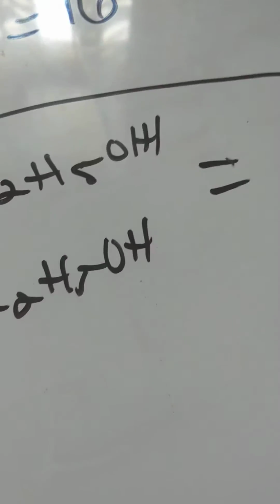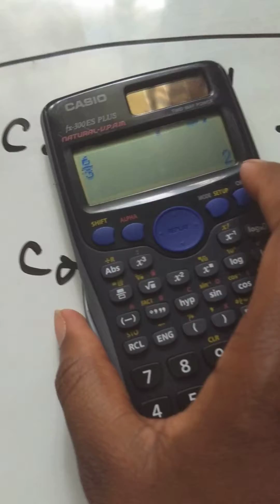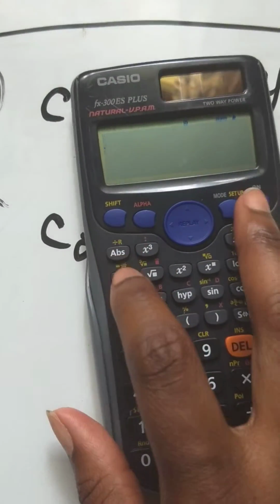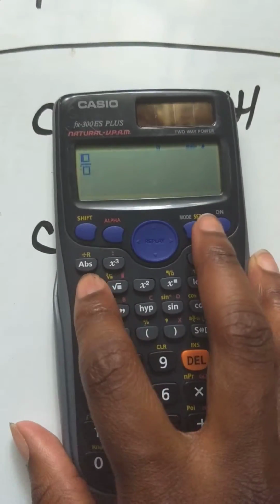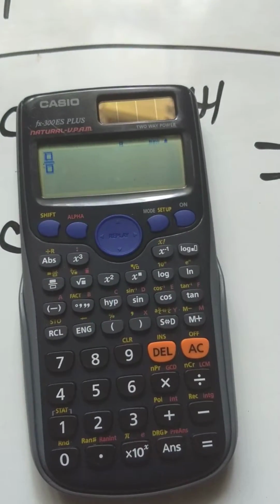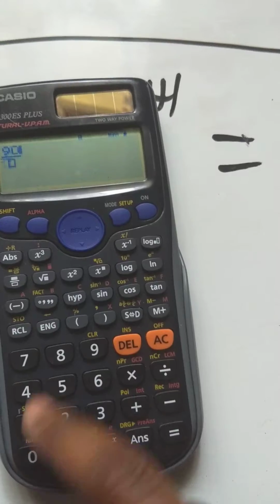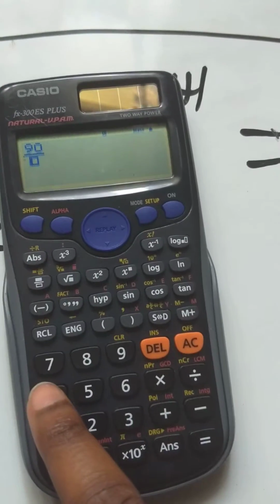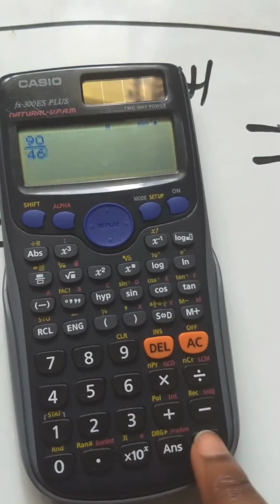So what we'll do now is enter it into our calculator. This works for Casios. I'm not exactly sure about other models. I don't actually work with other models. I prefer Casios. But we would put in 90 over 46.